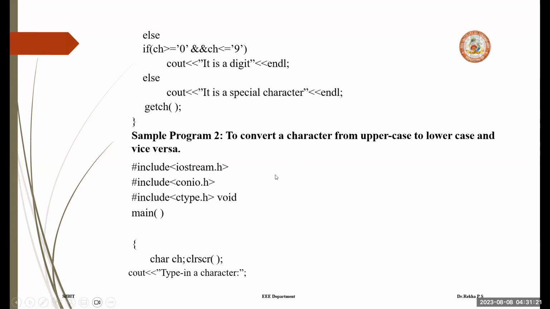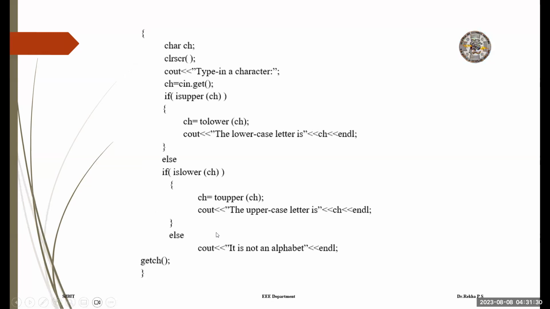So to convert a character from uppercase to lowercase and vice versa, in the same way we can write a function. The user will enter a character. That character will be checked with the function isupper. If that is true, it will get inside. tolower of ch will be stored in ch, and the lowercase letter is ch.